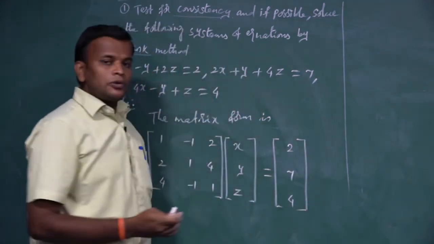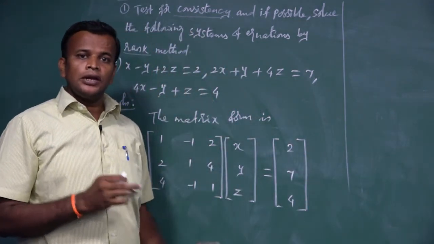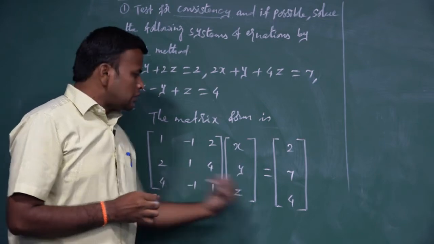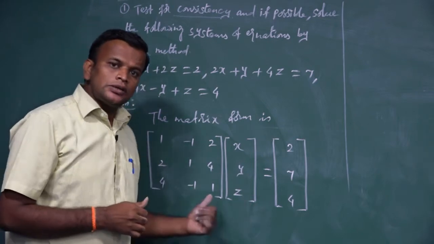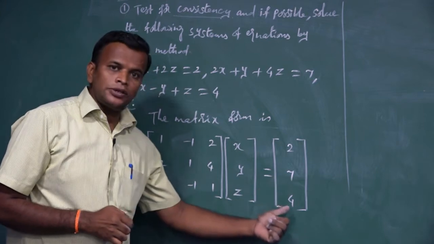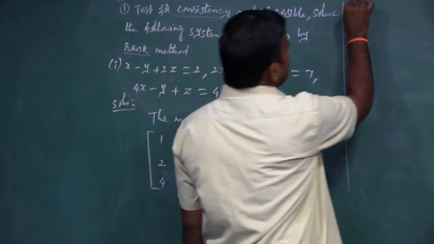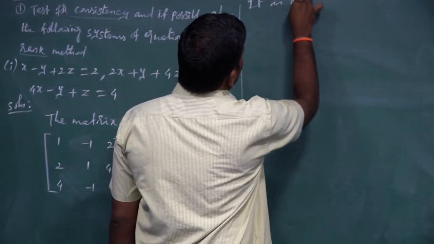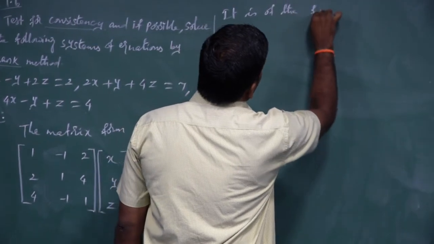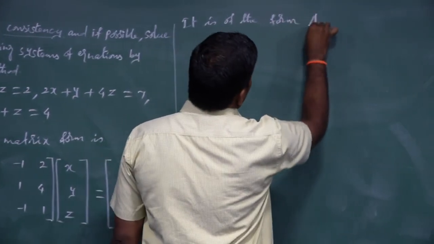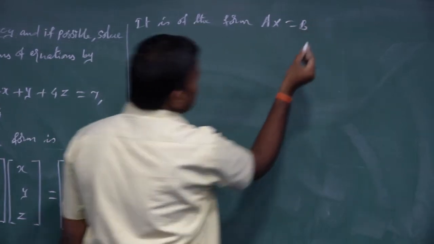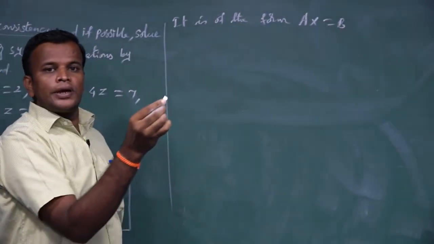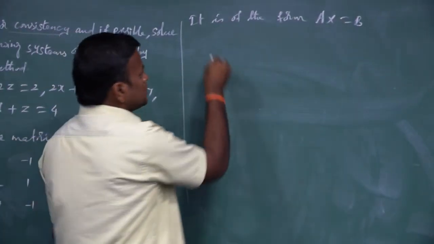So the first step is to convert the system of equations in matrix form. Now it is of the form AX is equal to B. What is the next step? We write the augmented matrix.